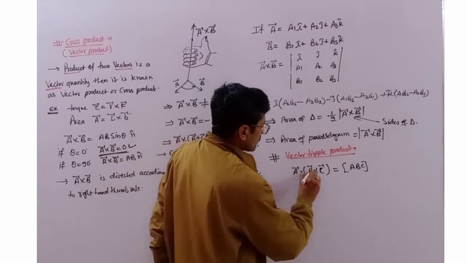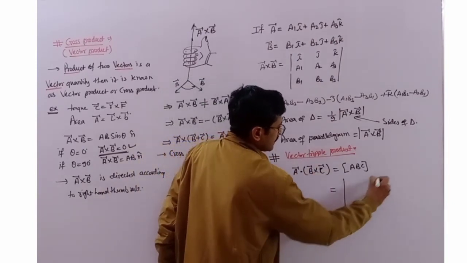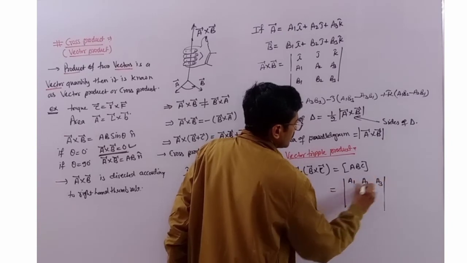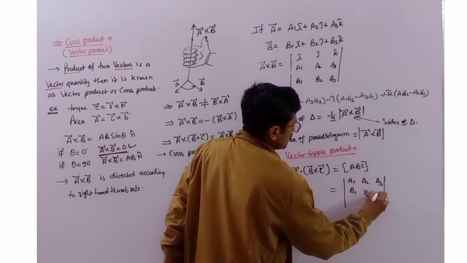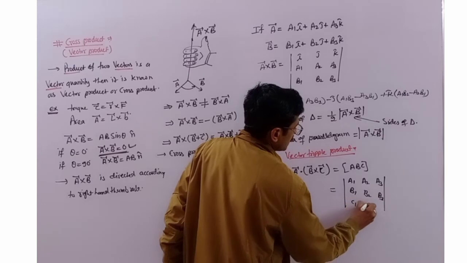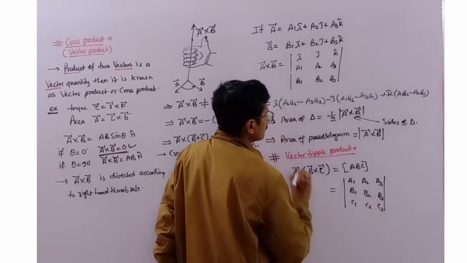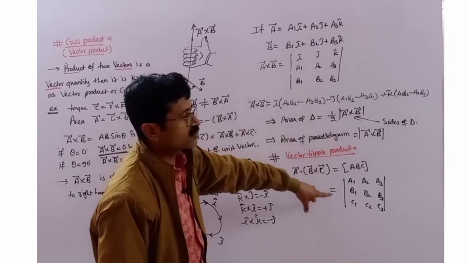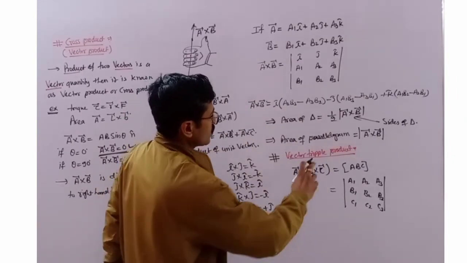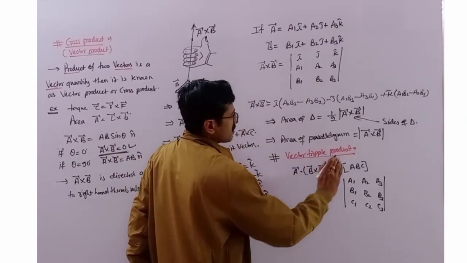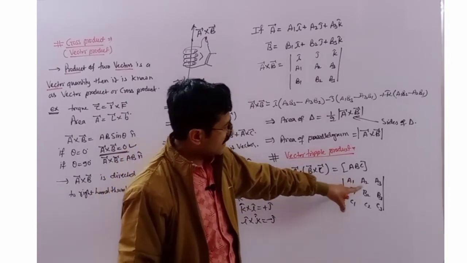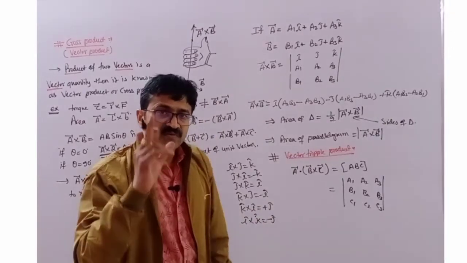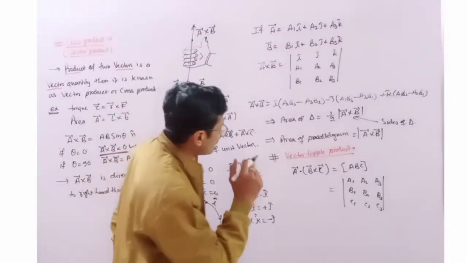So A dot B cross C will be in determinant A1, A2, A3, B1, B2, B3, C1, C2, C3. Its solution will be like this, as we have done earlier, the way to solve a determinant. By this you can solve them. A dot B cross C is equal to [A B C] determinant A1, A2, A3, B1, B2, B3, C1, C2, C3. If one quantity is common, then its result will be 0.